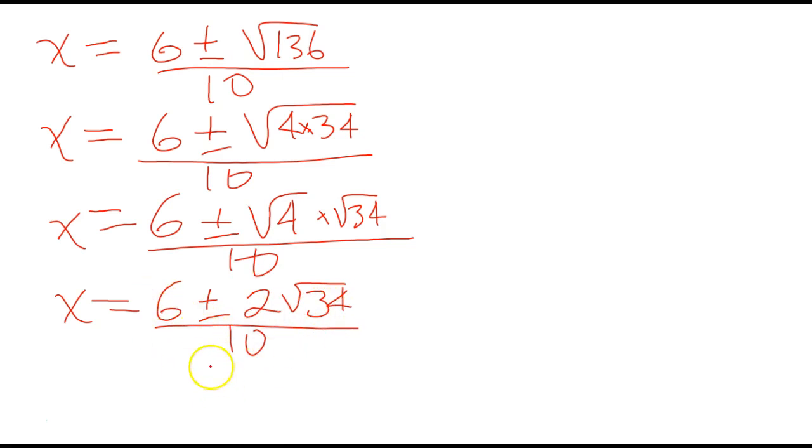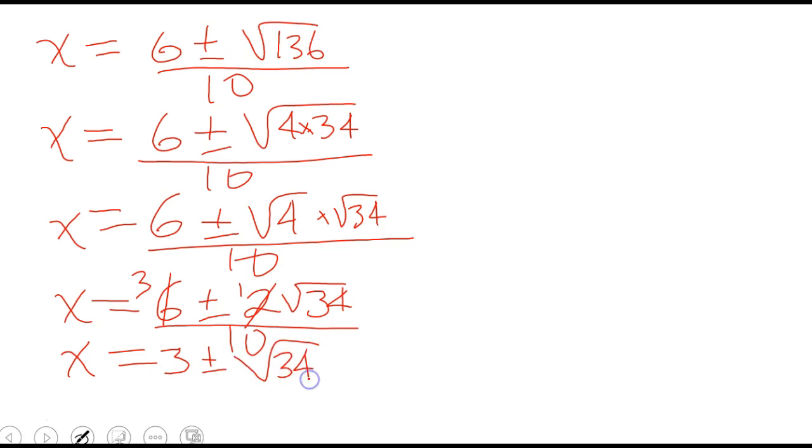The 2 can go into each one of them. 2 goes into 6 three times, and 2 goes into 2 once, so plus or minus 1 square root of 34, and 2 goes into 10 five times.